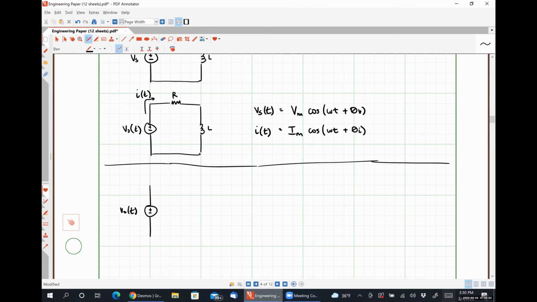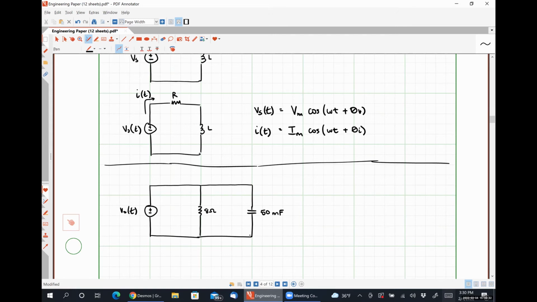I have a sinusoidal voltage source, and I'll tell you its value in a moment. I have an 8 ohm resistor and a 50 millifarad capacitor.